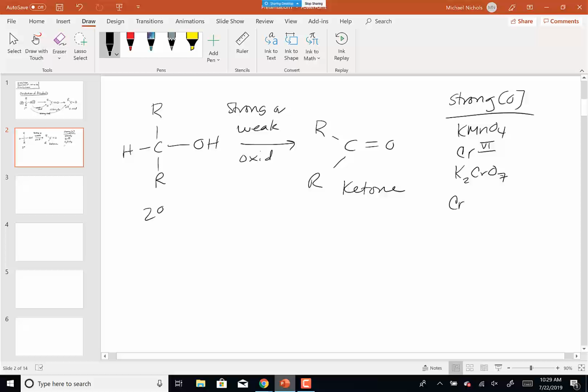It also involves taking chromium trioxide and mixing it with sulfuric acid. That's sometimes called the Jones reagent, which is chromium trioxide with sulfuric acid.